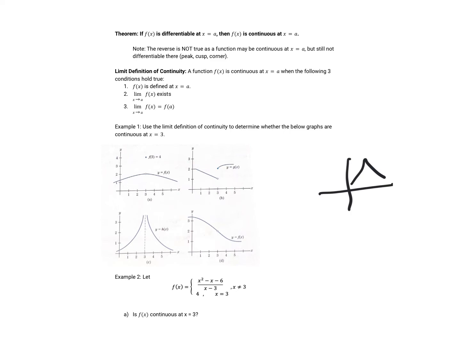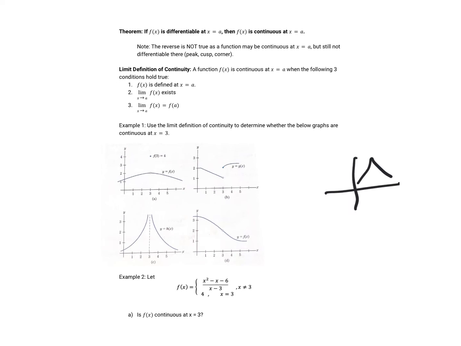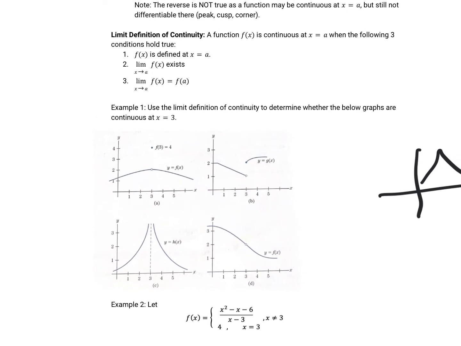Let's see, if a graph fails to be continuous, which rule does it fail? The problem with A is f of 3 definitely exists, it's equal to 4. And the limit exists. The limit actually is 2. From the left and right as x approaches 3, the y value is approaching 2.